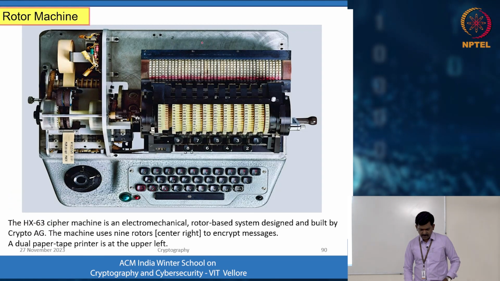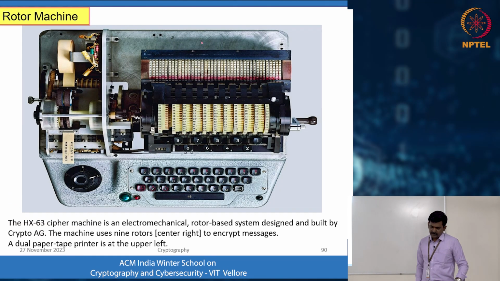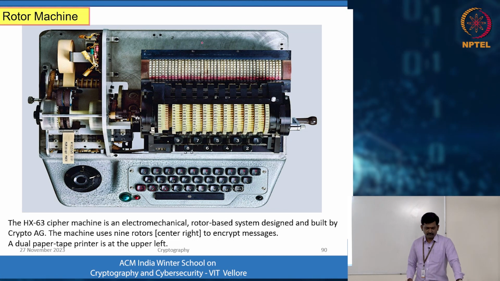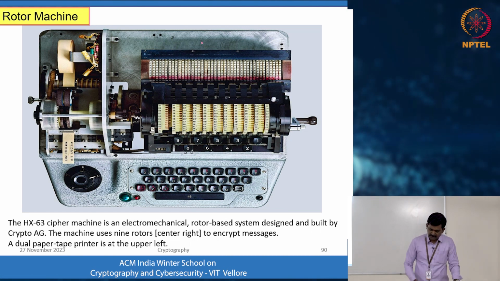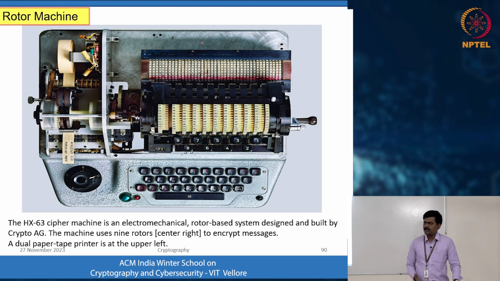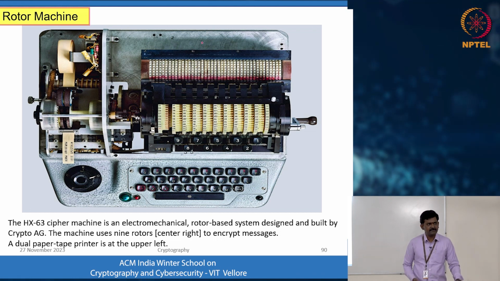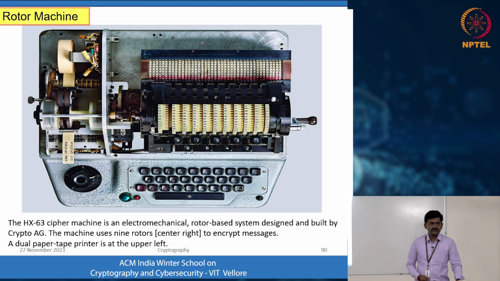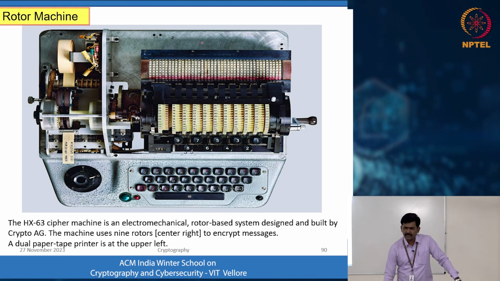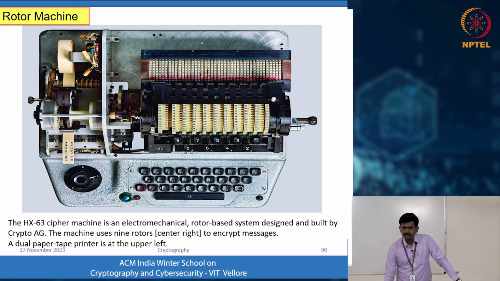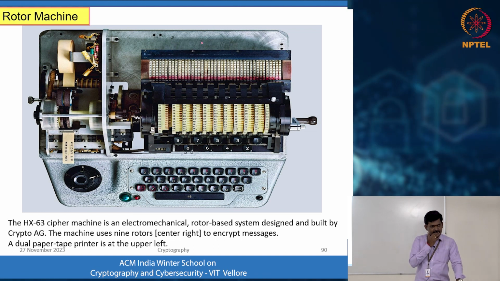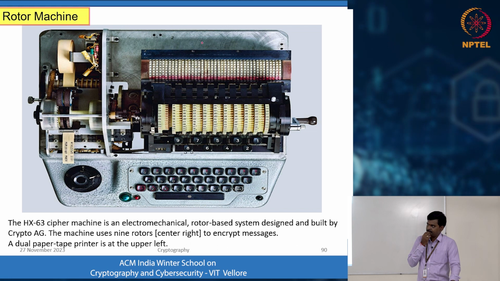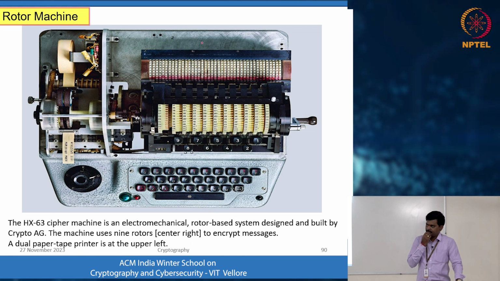So this is how a typical rotor system of cipher machine works, which is electromechanical rotor based. There are multiple versions. What we saw is one version. There are multiple versions of rotor machine. So which type of cipher? Substitution or transposition?